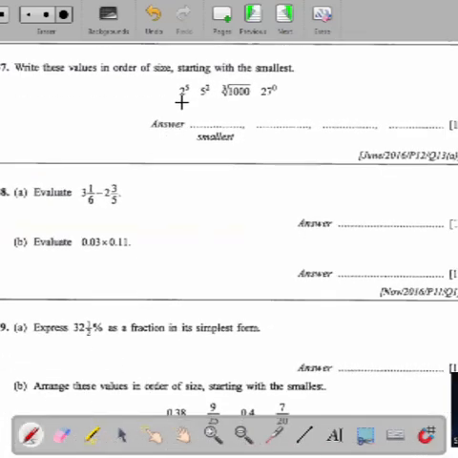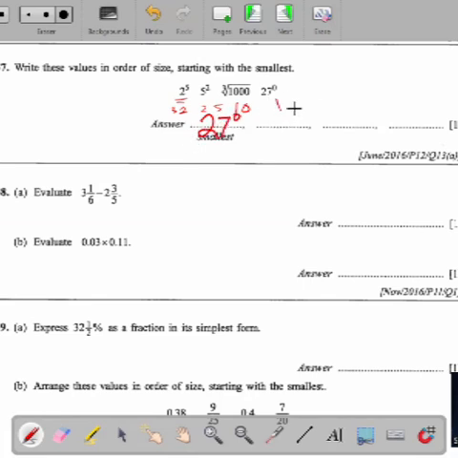2 power 5 is how much? That is 32. Okay. 5 squared is 25. Here he is saying with 1, 2, 3. The cube root of 1000 means the 1000 with cube root is going to cancel out. It is 10 and it is 1. So from all of these values, I will write 27 with power 0 as 1.